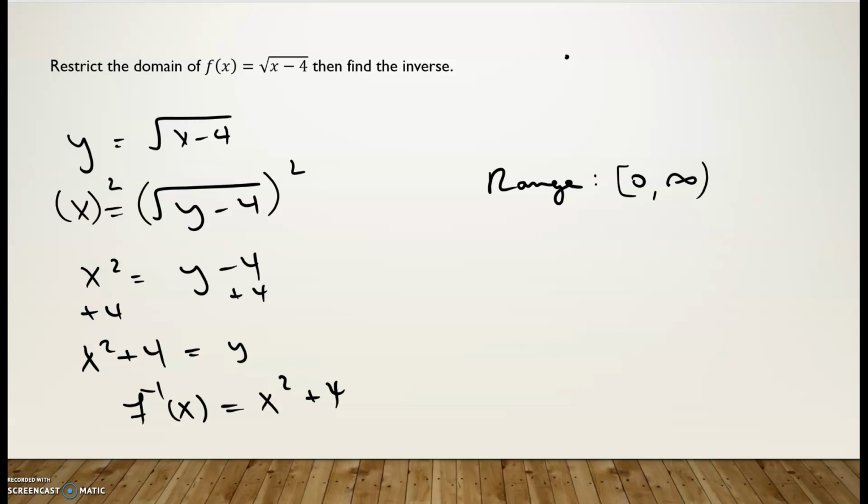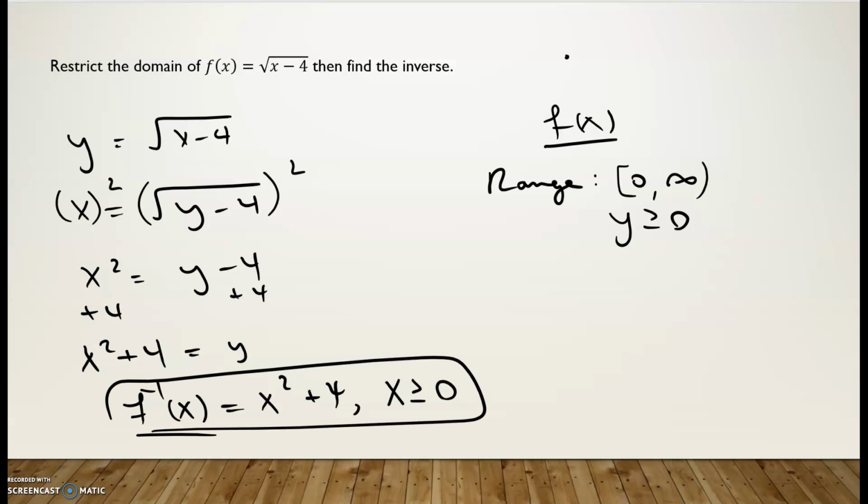So we need a comma, and then over here, we could write that y is greater than or equal to 0. Down here, this is for the original function f of x. For the inverse function, we're going to say x is greater than or equal to 0. Because remember, when you go from the original function to the inverse, your x's and your y's switch. So this would be your final answer right here.